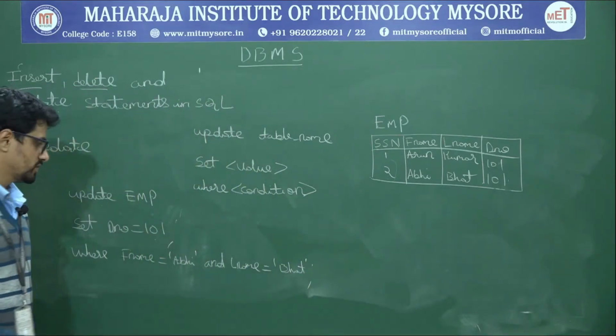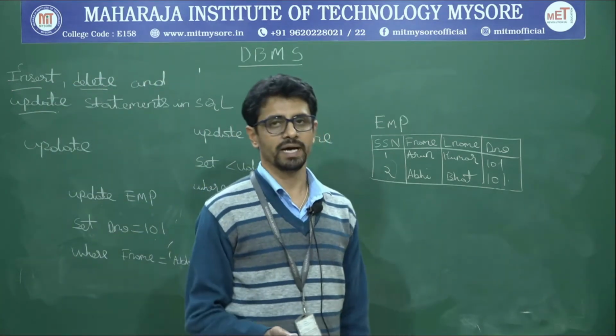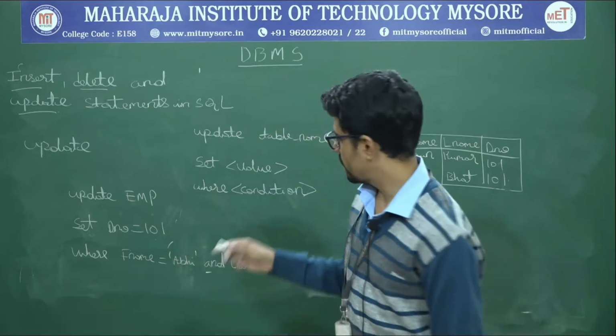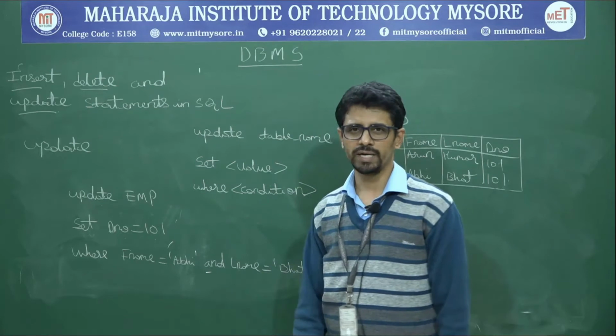What I am trying to say is we can use this AND operator in order to have multiple conditions to be matched in a particular row to have this value being set. That is also possible. Same thing applies for delete also.